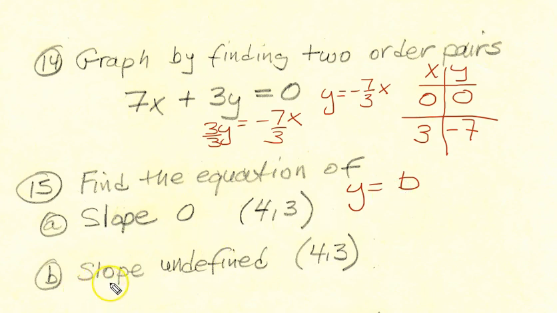Now, for any slope that's undefined, this is a vertical line, and the equation for all vertical lines is x equals a. Now, we had said you can sometimes write the ordered pair as a comma b.